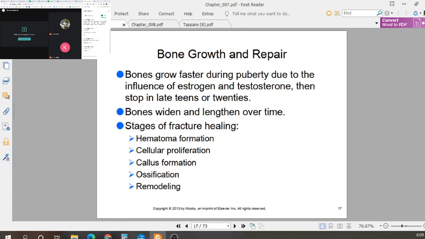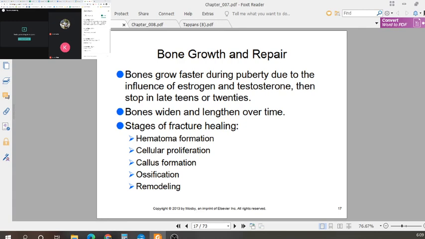Children have more cartilage, as I mentioned, adults have less, and as you get older, your bones get more brittle because there's less blood vessels. Usually there's less blood flow in the average adult, and so that makes your bones more prone to cracks and fracturing, and it slows down the healing process.